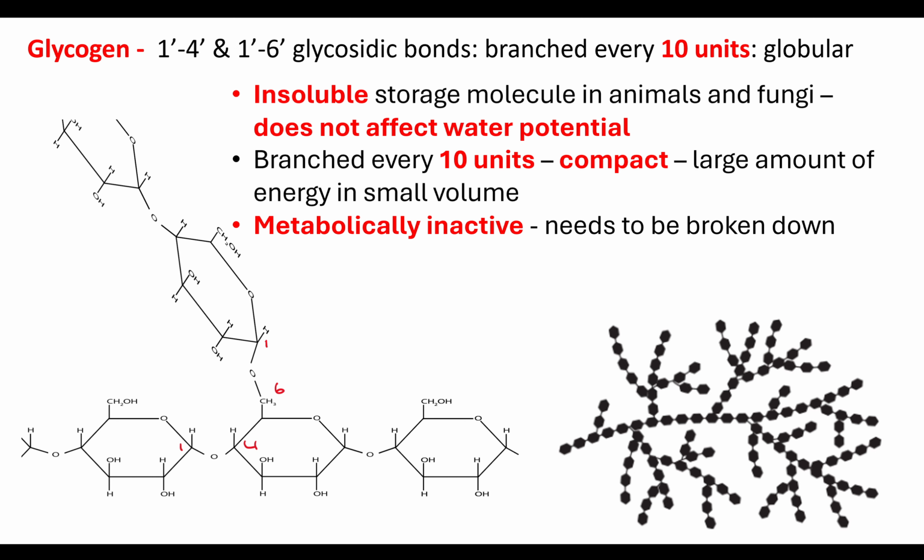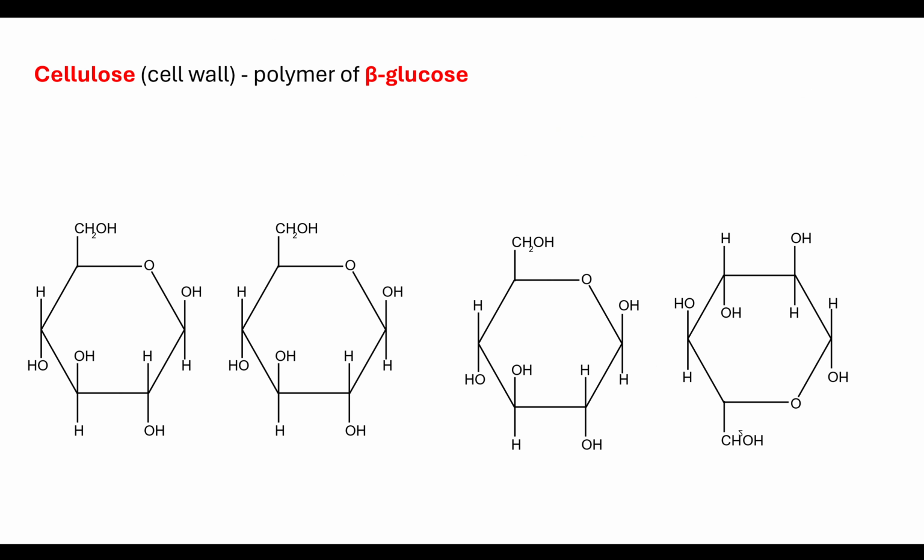So glycogen is a metabolically inactive molecule, so we are storing it for a later date, but it can be broken down quite easily. It can also be added to quite easily, and that therefore means that it is a very good storage molecule. Now, cellulose is another polysaccharide, and it's a polysaccharide that is found in plant cell walls.